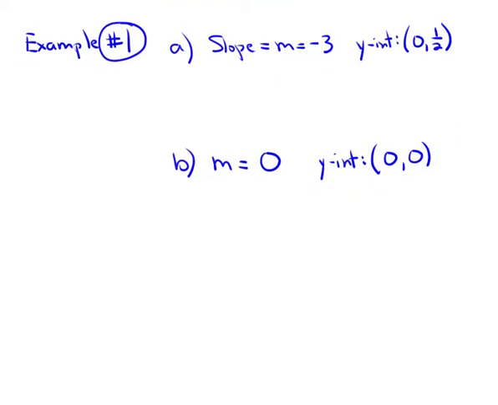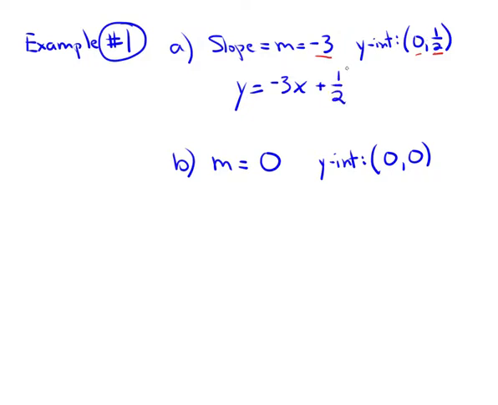So now if we have some examples, here we have our slope of -3, and I noticed that my y-intercept, it does state it, but it's 1/2. That 0 determines that it is the y-intercept when x is always 0. So we will set it up as y equals m, which is our slope, -3x plus the 1/2.